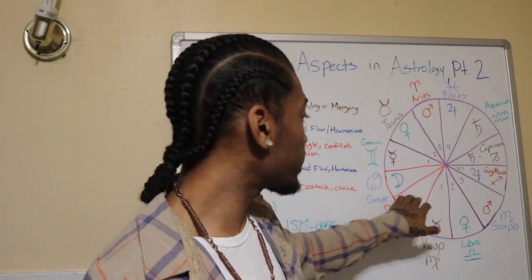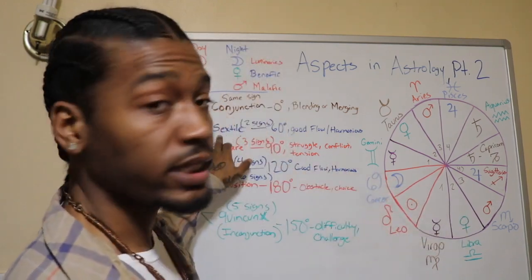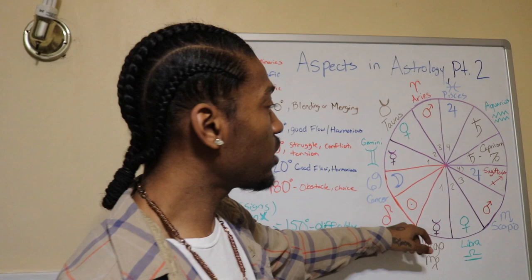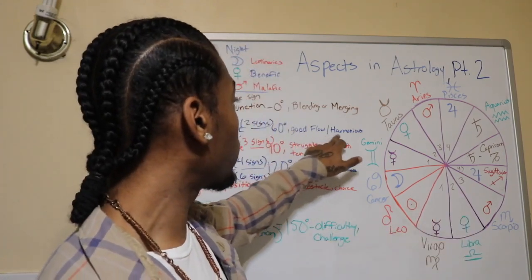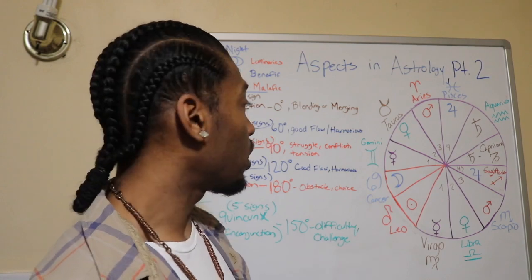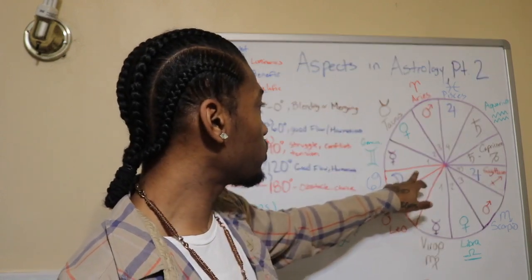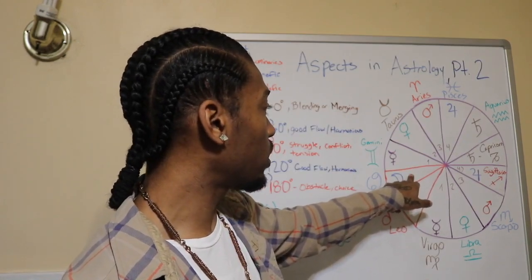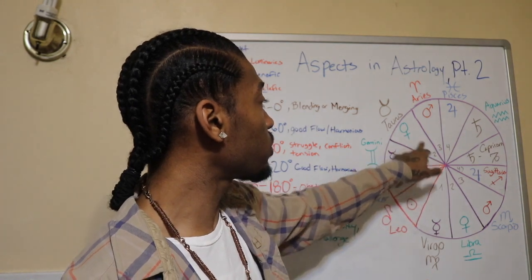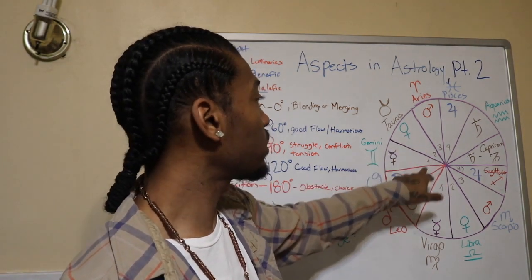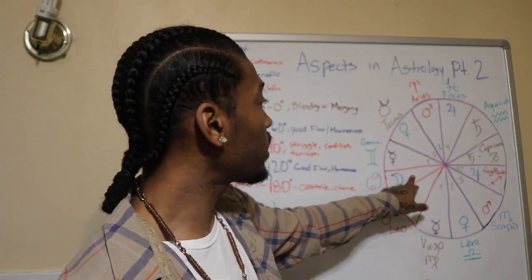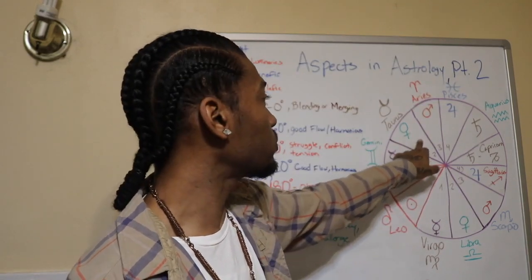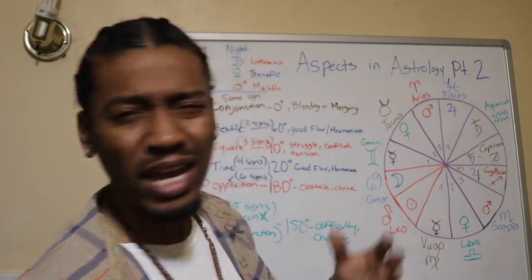This type of aspect, which is known as a sextile, which is 2 signs away, will have a Venusian quality to it, so it will be harmonious, flowing, right? The same thing can apply to the moon, the moon to Venus, and 2 signs away, 1, 2, right? And it doesn't have to be just the moon.